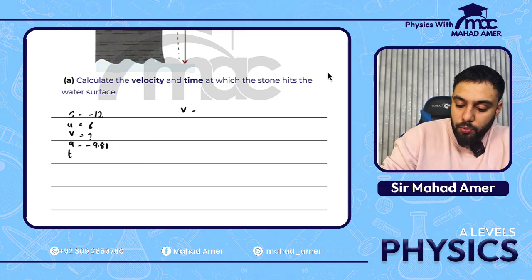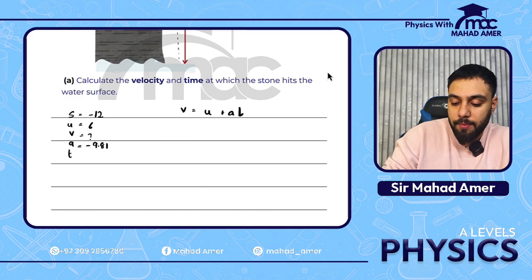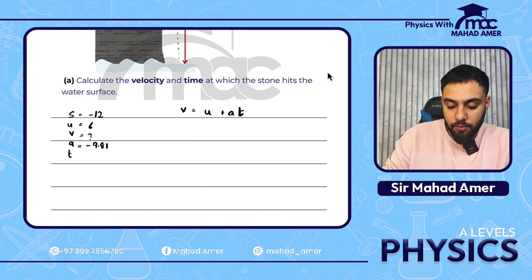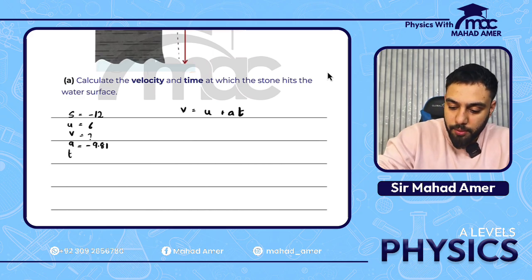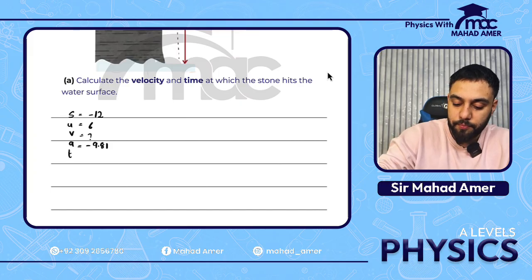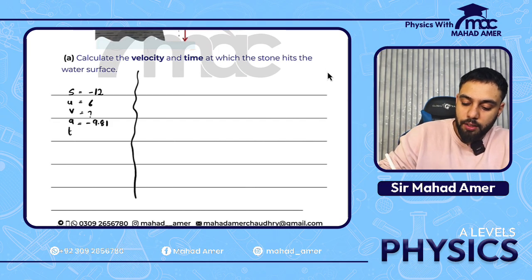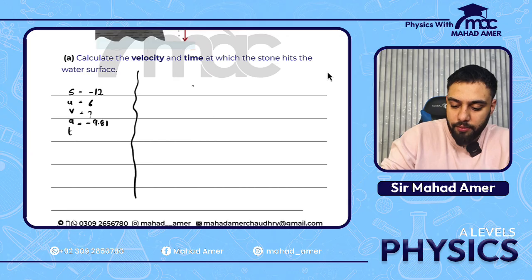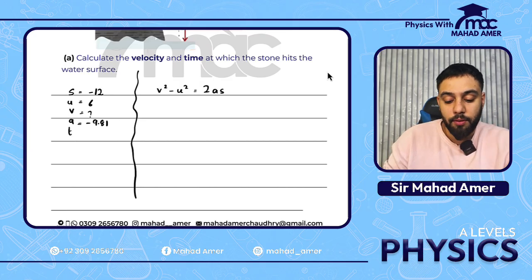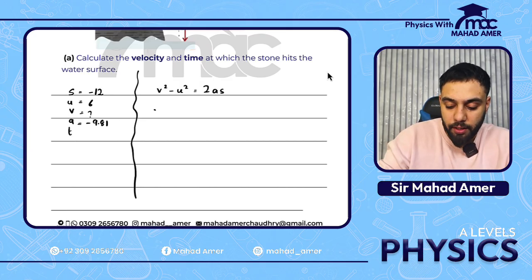I'm going to be doing V equals U plus AT, where V is going to be... I don't have the time again, sorry. I'll be doing SUVAT. S equals V plus U over 2. I'm going to be doing V squared minus U squared equals 2AS. So I need the final velocity.